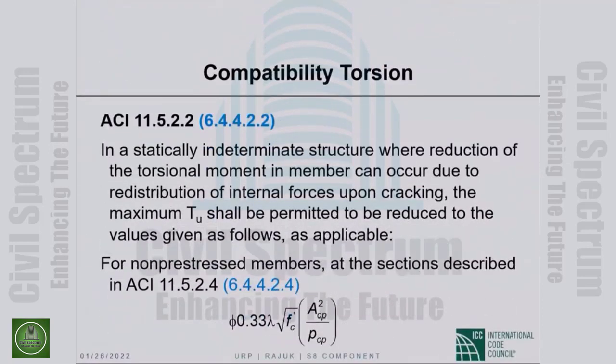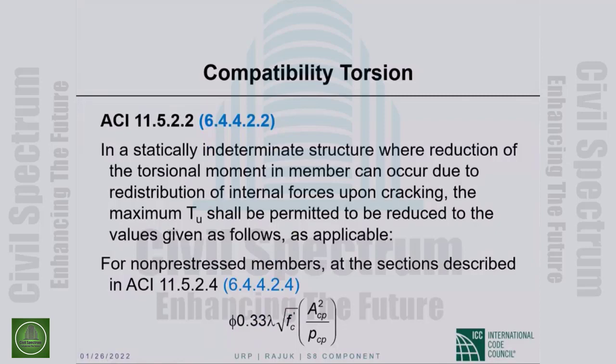In a statically indeterminate structure, where reduction of the torsional moment in a member can occur due to redistribution of internal forces upon cracking, the maximum T sub u shall be permitted to be reduced to the values given as follows. And this is the expression for cracking torque, 4 square root of f sub c prime times A sub CP squared over P sub CP.